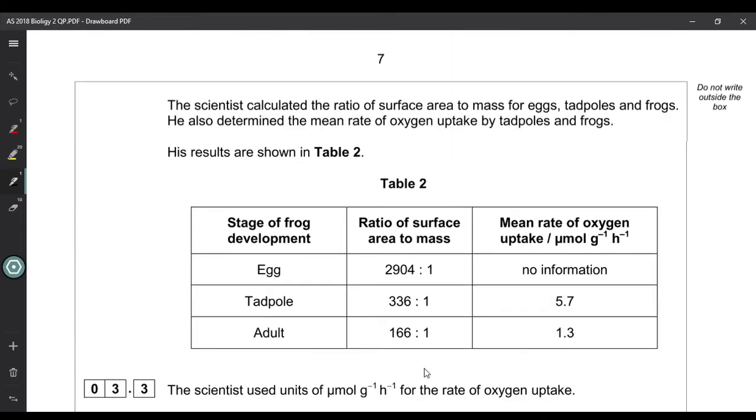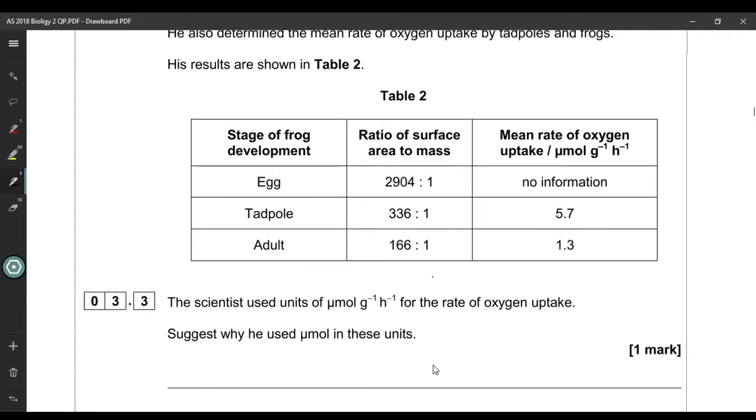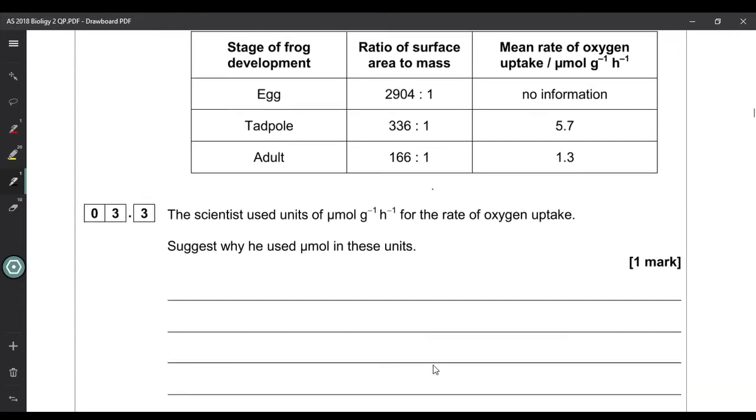In the next part of the question, we're given some data to do with the ratio of surface area to mass and the mean uptake of oxygen in micromole per gram per hour. It says the scientist used the units of micromole per gram per hour for the rate of oxygen uptake. Suggest why he used micromole in these units.